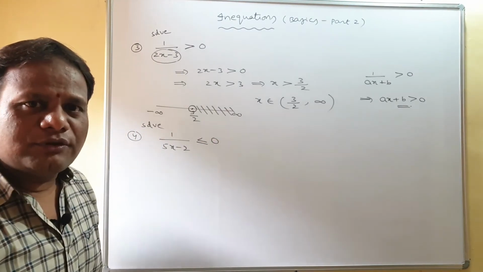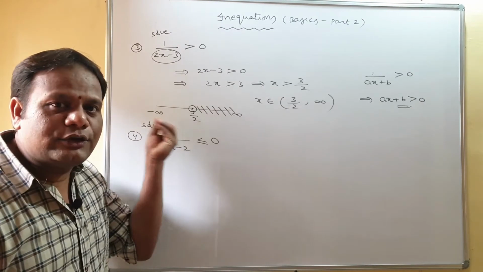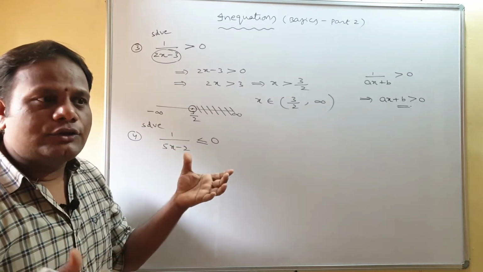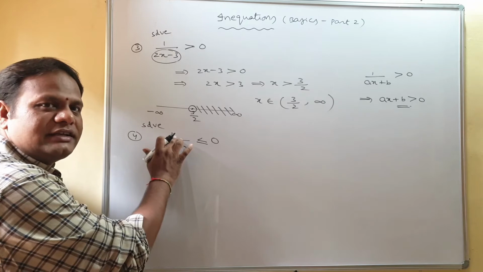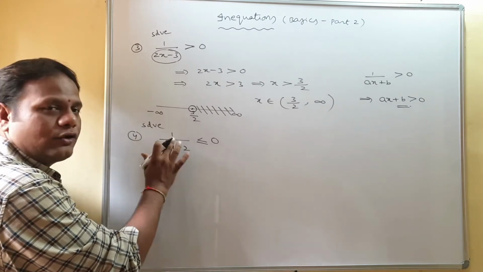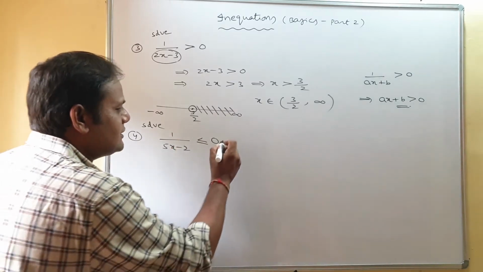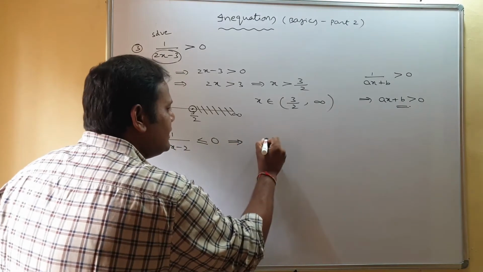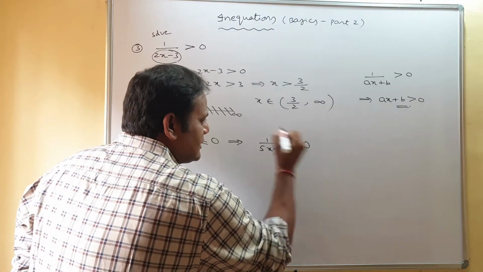No, not possible. Why? Because if there is a possibility of getting 0 in the numerator, then you may get 0, is it? But here the numerator is a constant, that is 1 only, so you can't get 0. That is the reason you can write the same inequation as 1/(5x minus 2) less than 0.